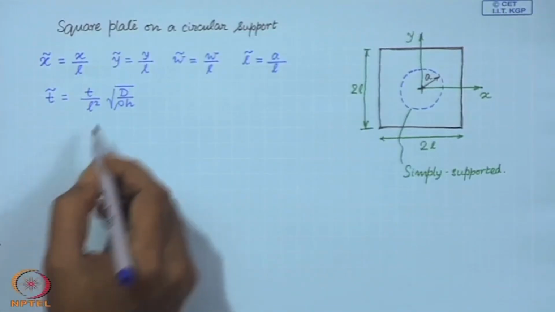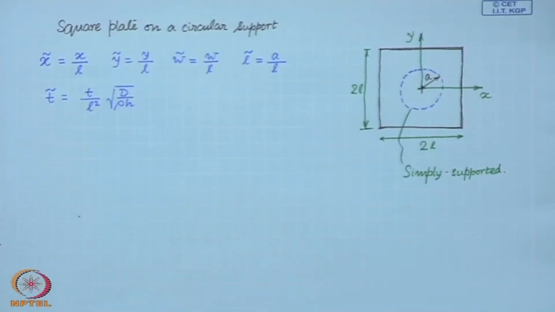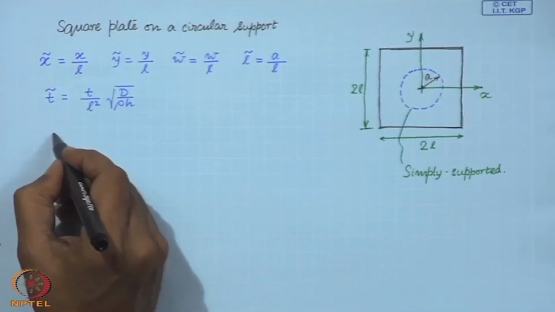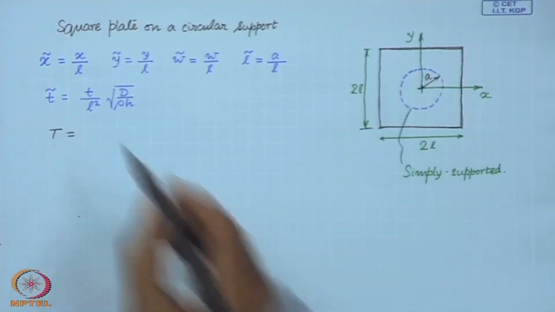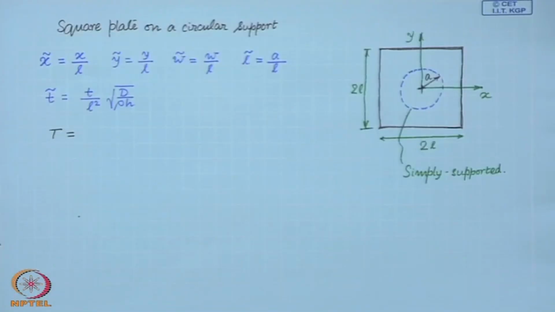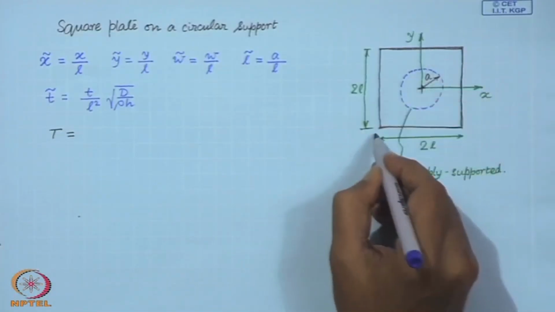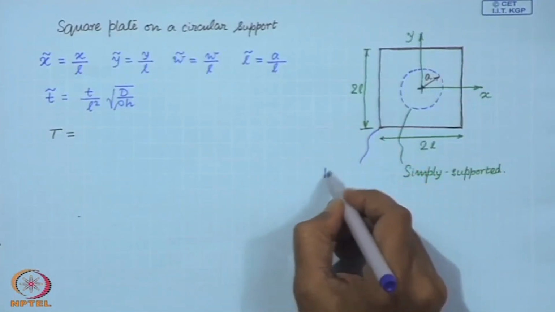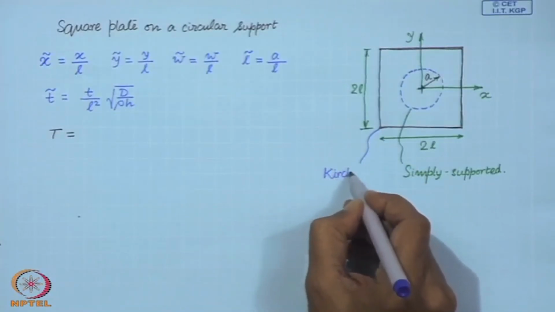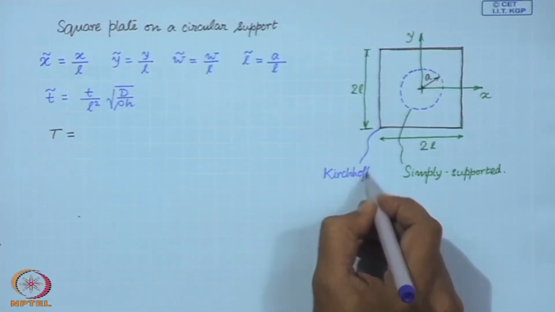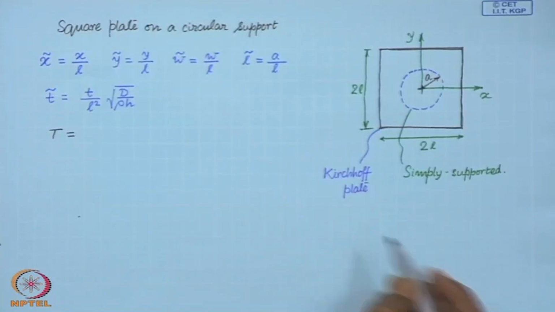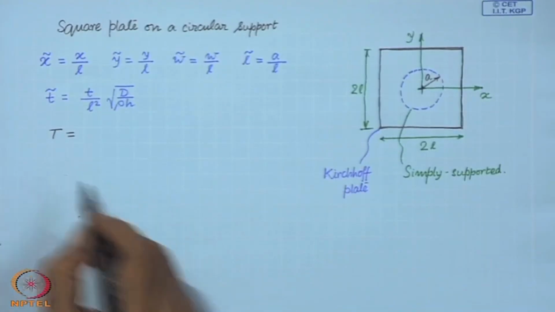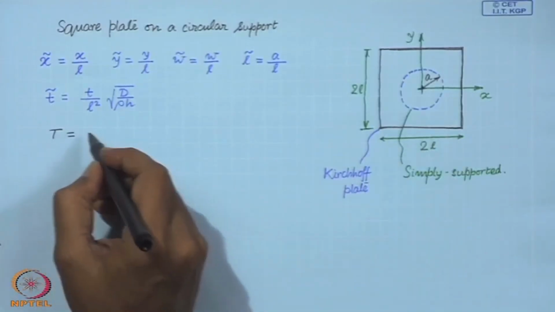With this non-dimensionalization scheme, if we consider an Euler-Bernoulli plate, the Kirchhoff plate, we do not consider the rotary inertia term.